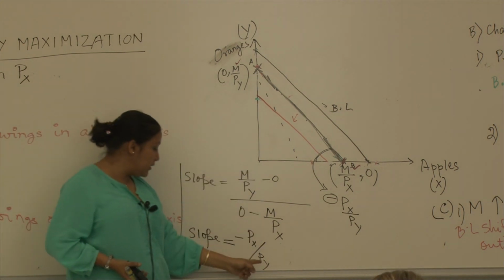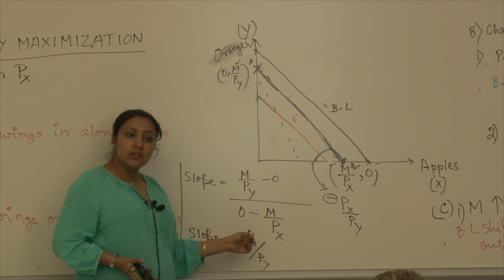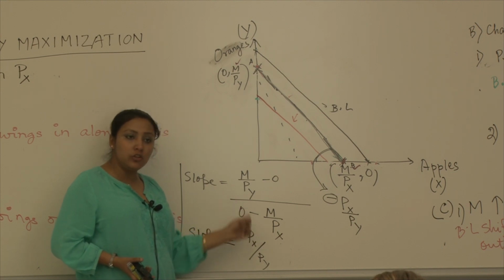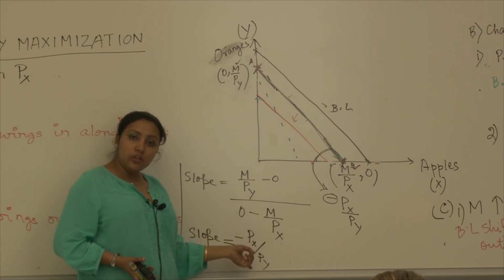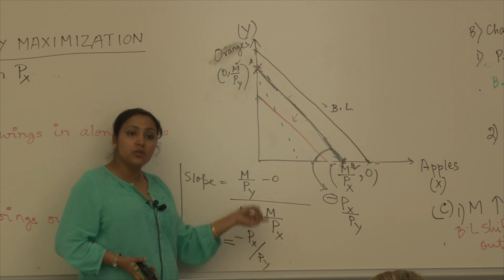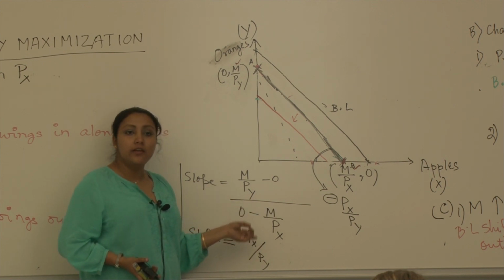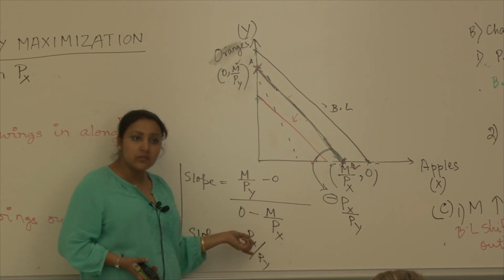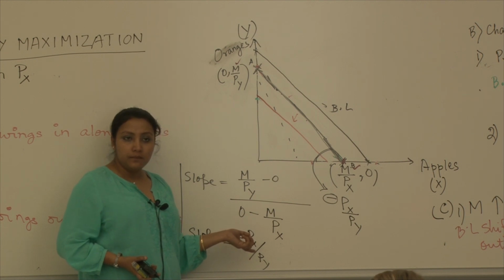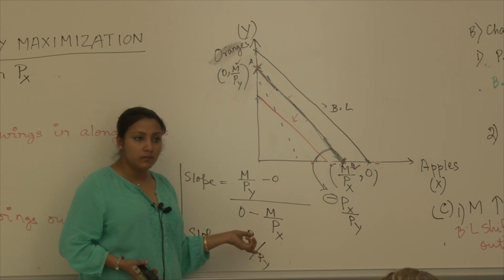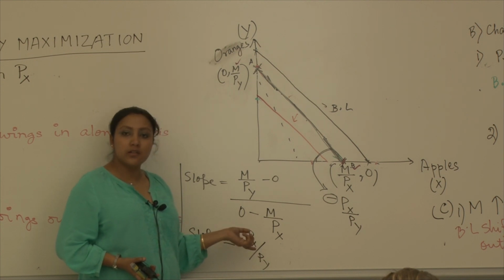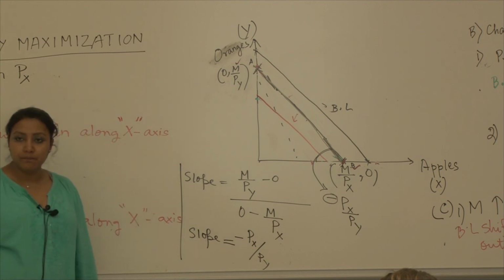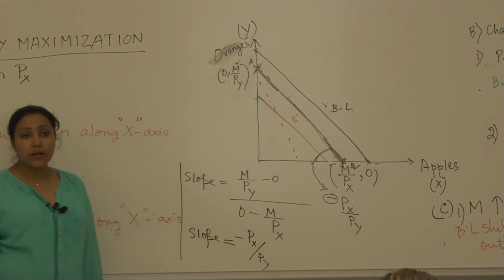Similarly, for Py, you will see the same thing. When Py increases, the denominator is increasing without any change in the numerator. When the denominator of a fraction increases without any change in the numerator, then the fraction as a whole decreases in value, isn't it? 3 by 2 is bigger than 3 by 4. Same for Py going down.